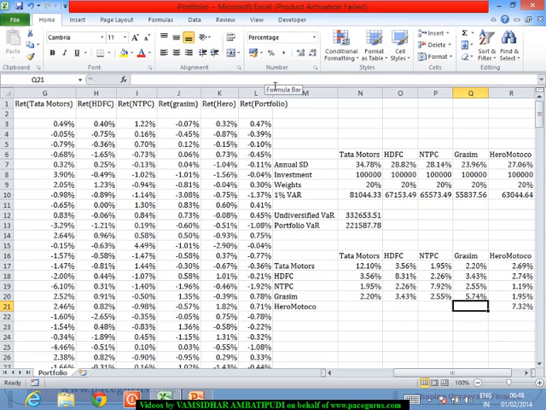So this is what we call the variance covariance matrix between these securities.